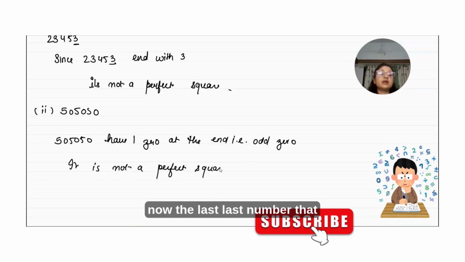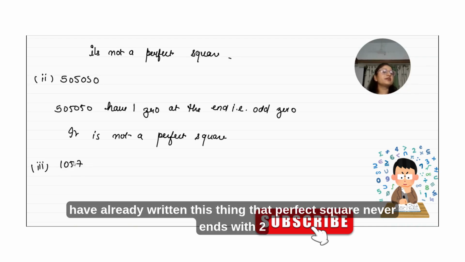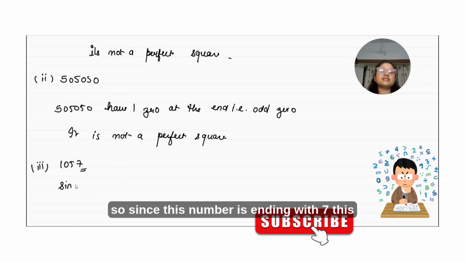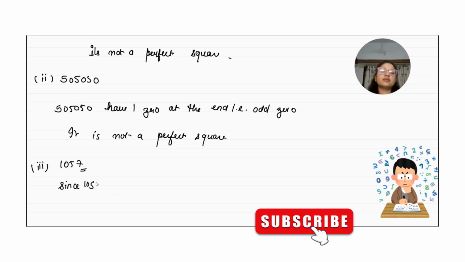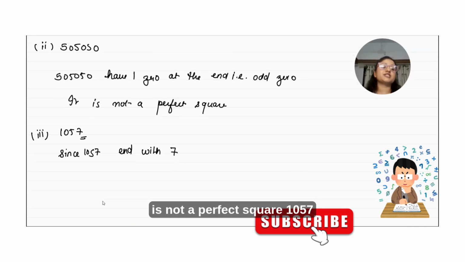Now the last number, 1057. We have already written that a perfect square never ends with 2, 3, 7 or 8, and this number ends with 7. So 1057 is not a perfect square.